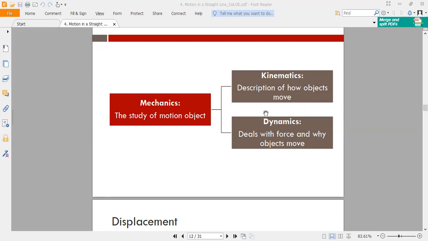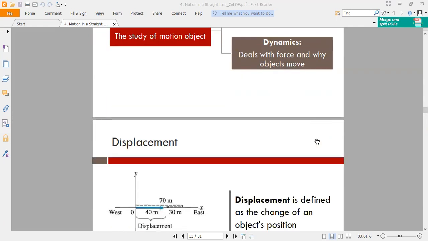But in dynamics, we consider the force, and it answers why the object can move.